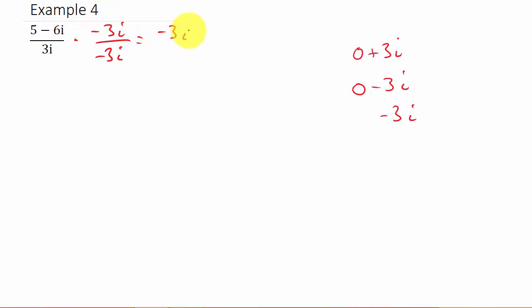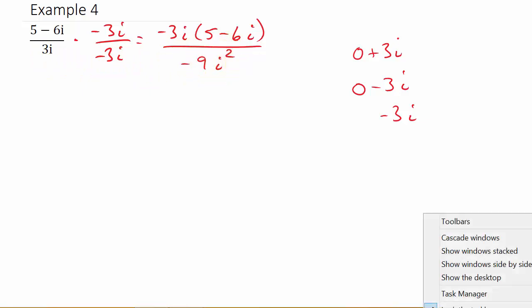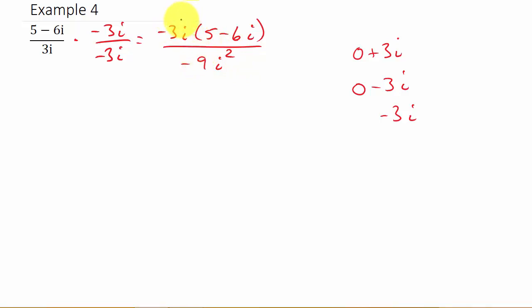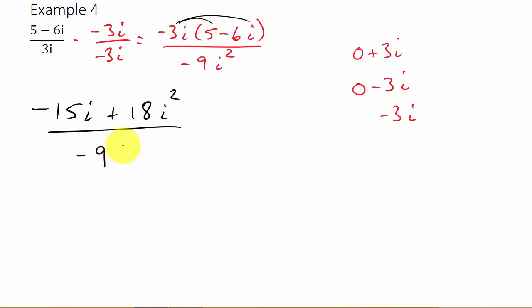All right, so I get -3i times 5 minus 6i over, and then that's going to be 3i times -3i is -9i squared. Okay, and I forgot to change the color of my pencil, so all right. So now let's distribute this, so I get -15i plus, negative times negative is positive, 18i squared over -9, and then i squared is -1. All right, so this is going to be -15i.